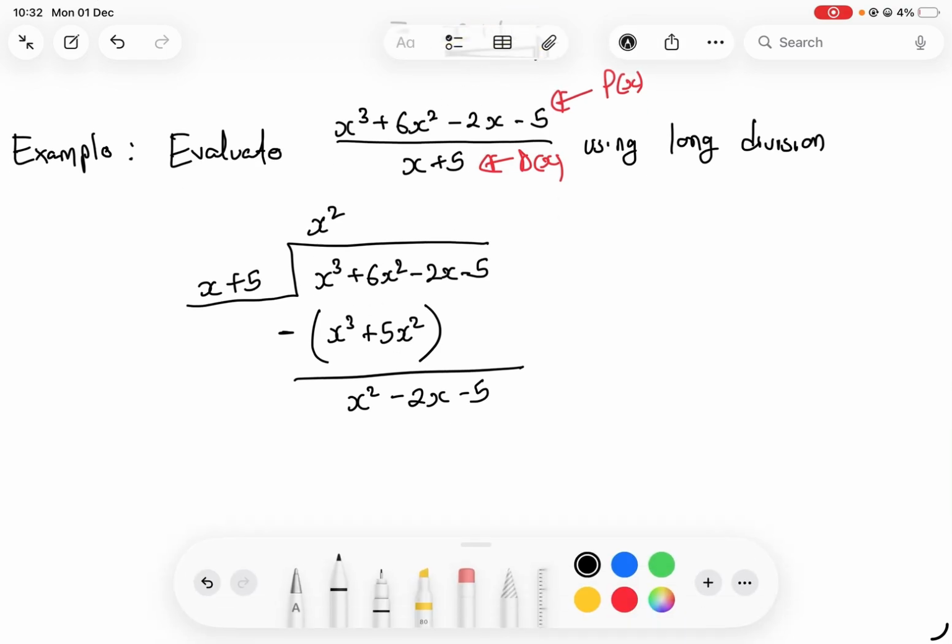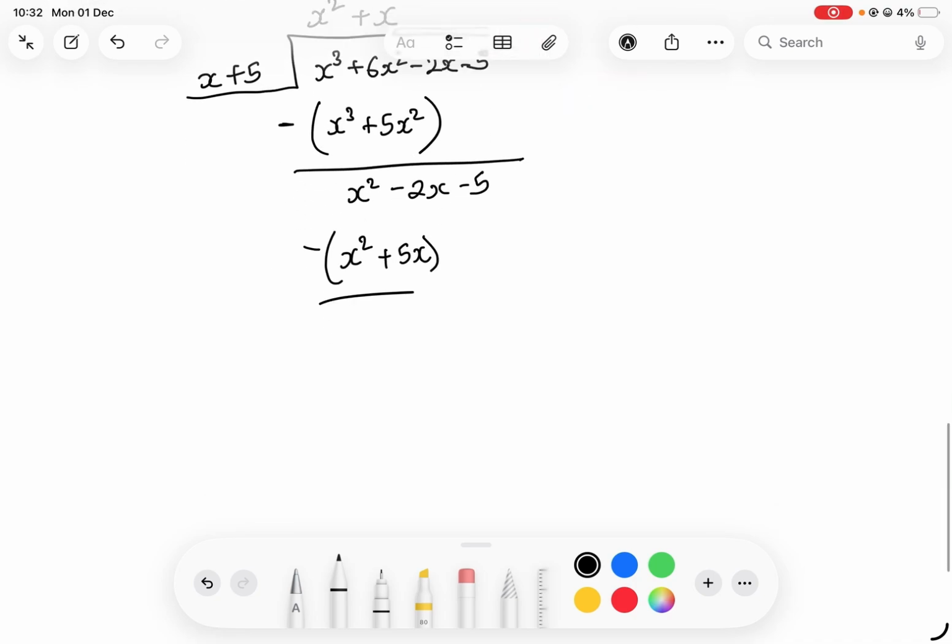Then same procedure again, highest degree of this equation divided by highest degree of this equation. X squared over x, I'm going to get x, then x multiplied by x multiplied by 5, then open brackets, then write the answers here and here. So open a bracket minus sign, so x times x, I'll have x squared, x times 5, it's 5x.